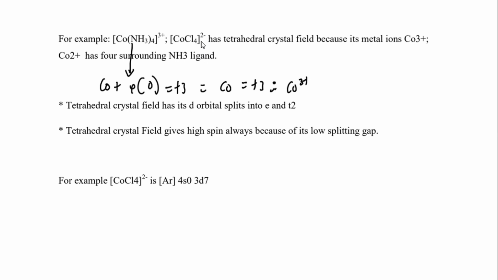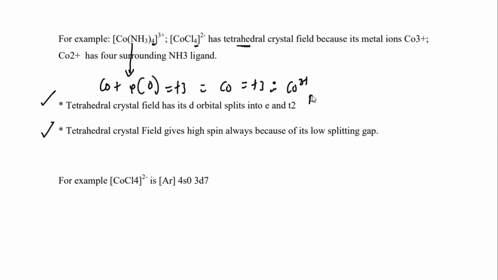So we also have this one as a tetrahedral crystal field, because the number of ligands is 4. So they are a tetrahedral crystal field. It's important to note this part, please. Kindly note these two parts. The tetrahedral crystal field has its d orbitals split into this E and T2.